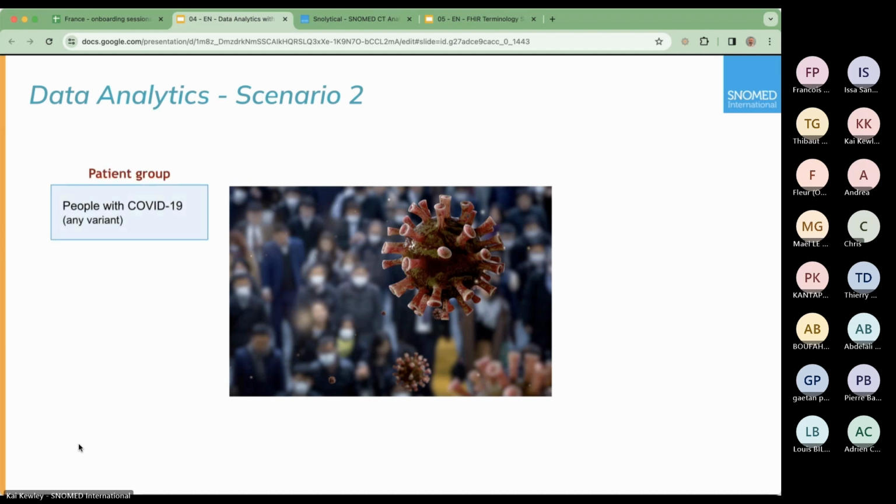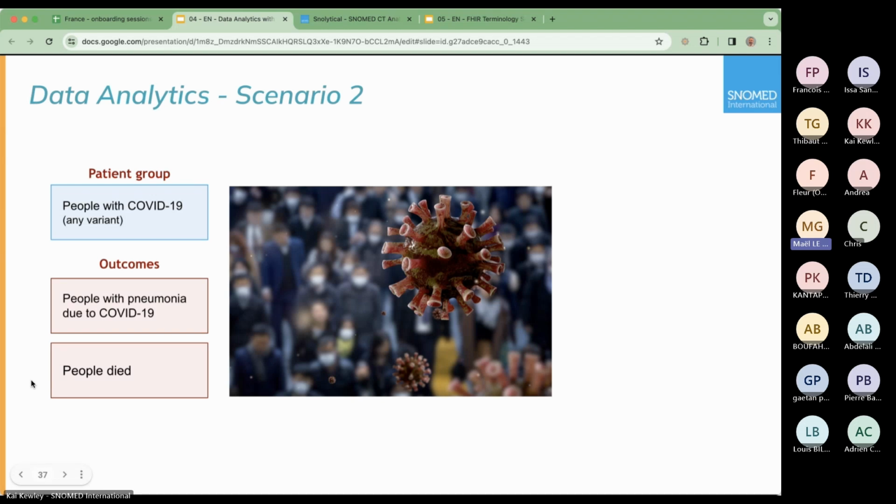So during the COVID pandemic, there were large numbers of people who had the COVID virus. And some of the serious outcomes were COVID pneumonia, and a shocking proportion of people who contracted COVID pneumonia were not surviving.